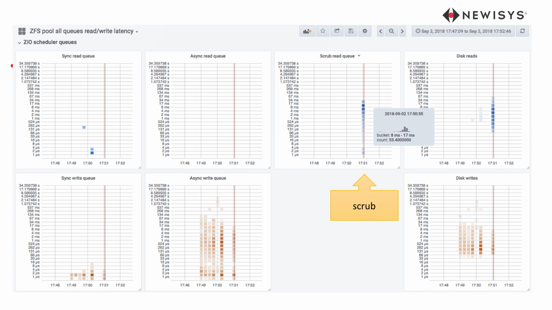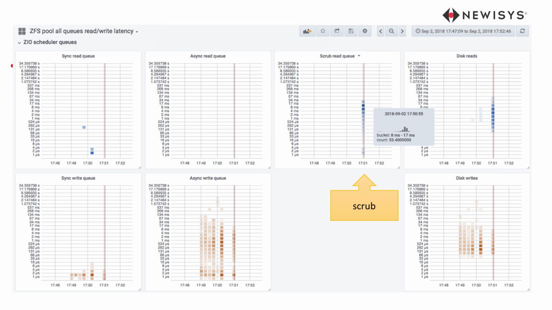And then we have scrub reads, and scrubs have an intentionally lower priority than the others. So these are the queues waiting to get to the disk, for the 3 columns on the left side.